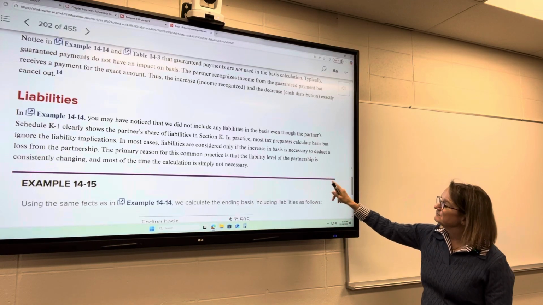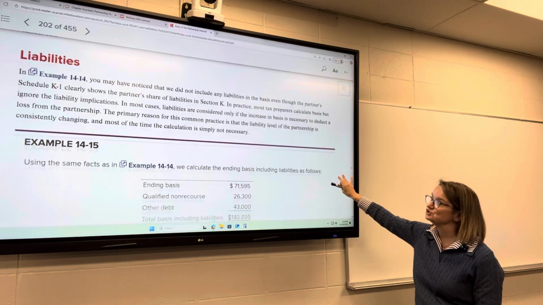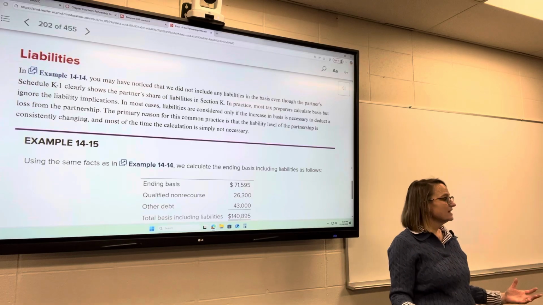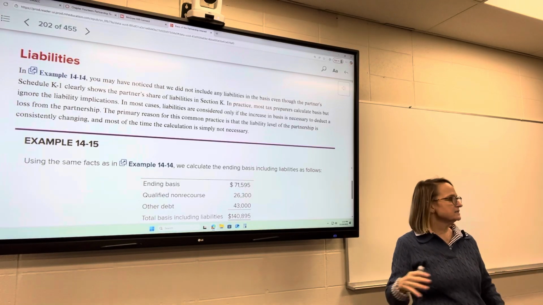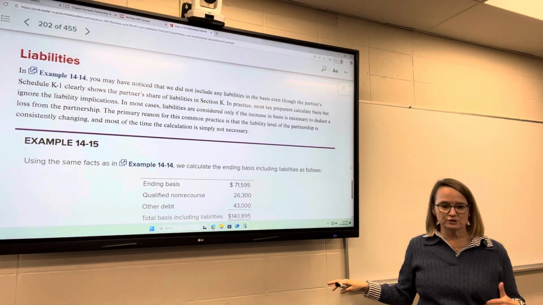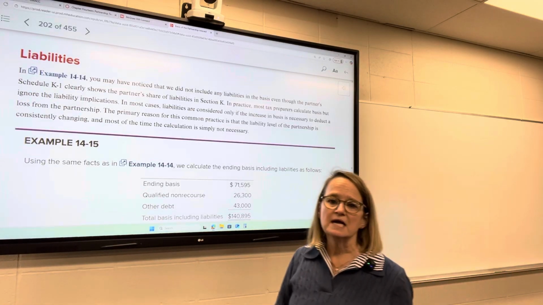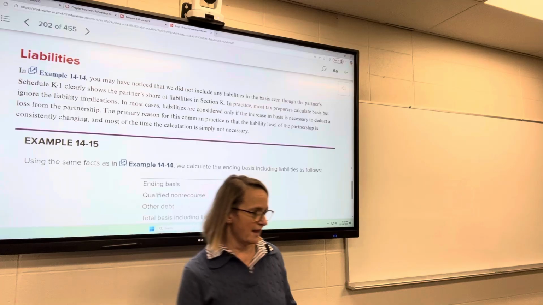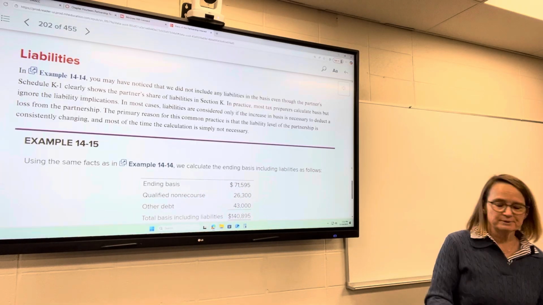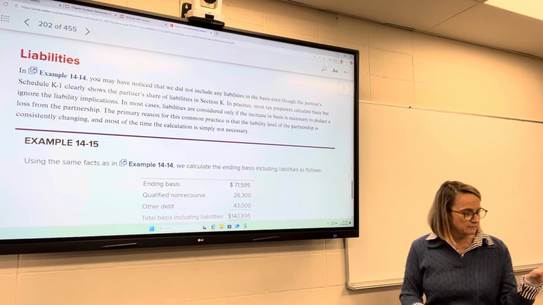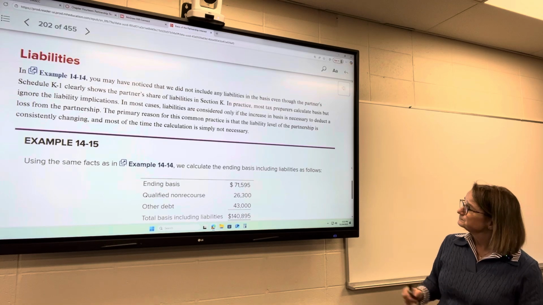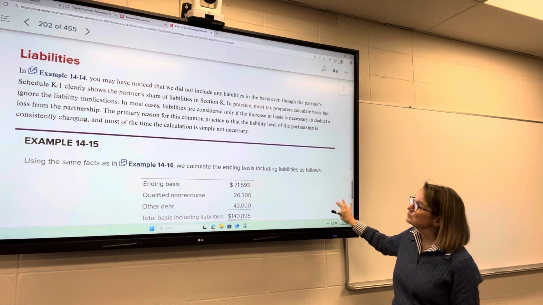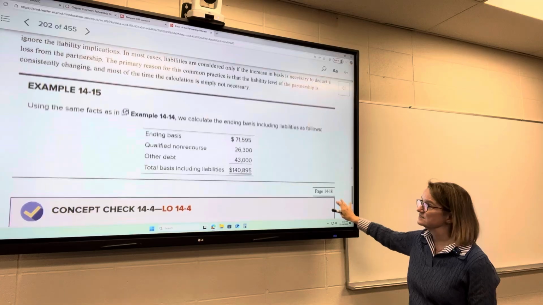The liability level of the partnership is consistently changing, because think about it. If it's like credit cards or something, they're constantly paying that off. Different types of loans are amortized over time. It's constantly changing with every liability payment. So it's kind of a nightmare to try and keep track of that on a consistent basis. Most of the time, the calculation is not necessary.